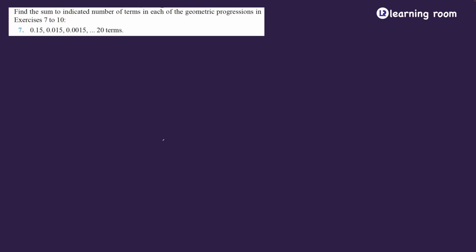So next question is, find the sum to the indicated number of terms in each of the geometric progressions in exercise 7 to 10. So the seventh problem is, the sequence is 0.15, 0.015, 0.0015, and so on till 20 terms, right? So A is equal to 0.15, R is equal to 0.015 divided by 0.15, which is going to be 1/10.